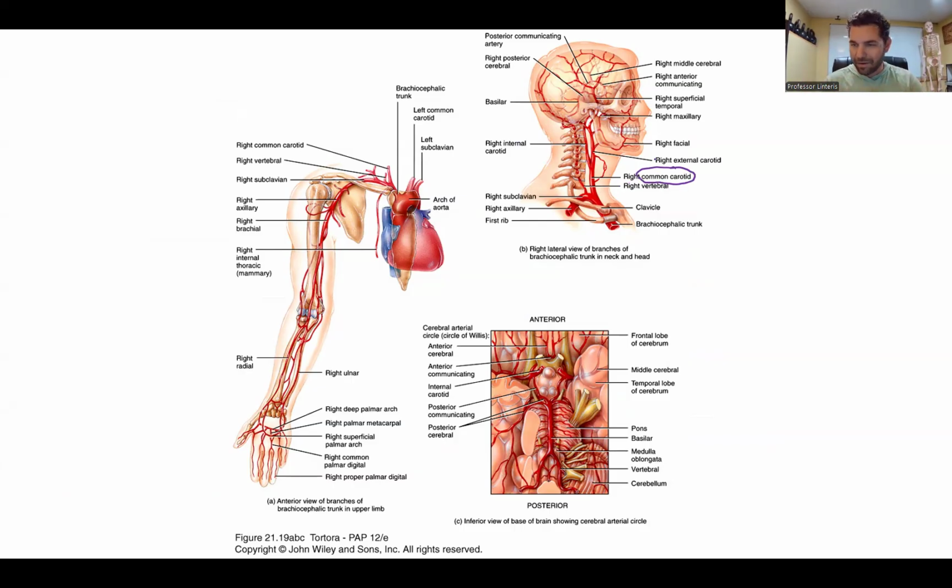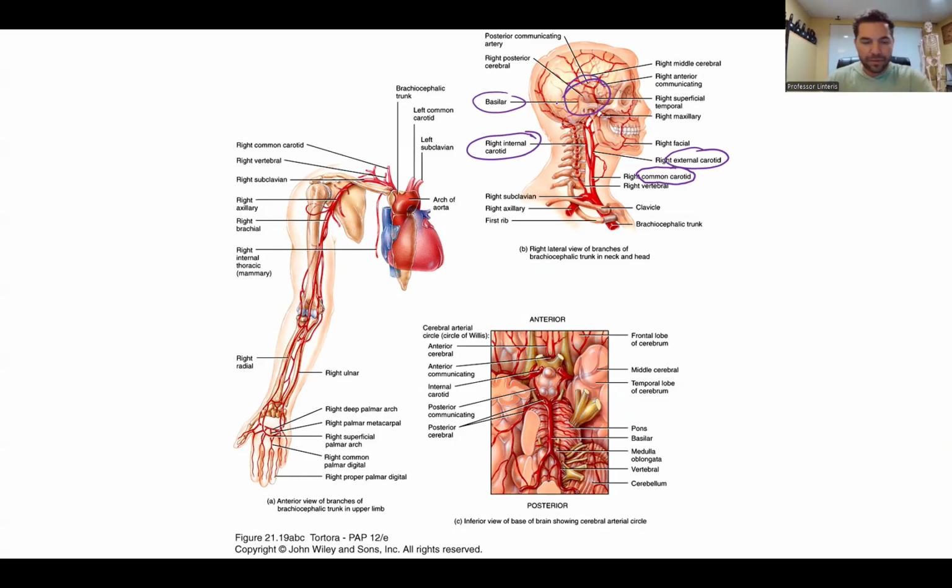I don't have very good models, but I want you to know, hey, blood's coming up into the brain via a common carotid artery. We have two, one on the right and the left, respectively. And then this will branch off into an external and internal carotid, one of which goes inside, one of which goes towards the outside.